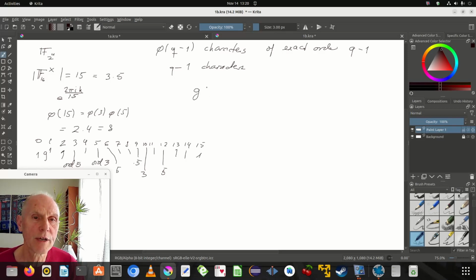So take a generator and map it to the generator of the cyclic group, and then we have the powers, the identity, up to q minus 2. So that's the family of the generators, the multiplicative characters, I mean.